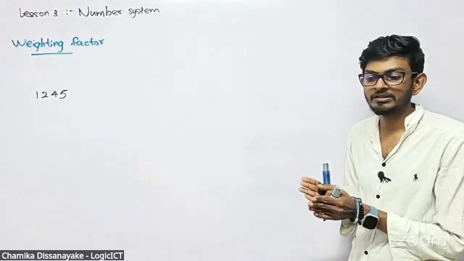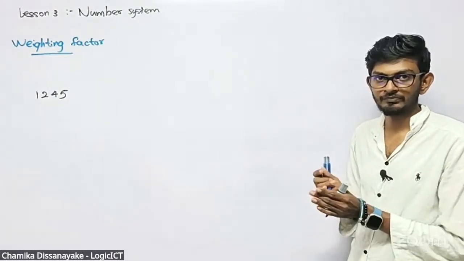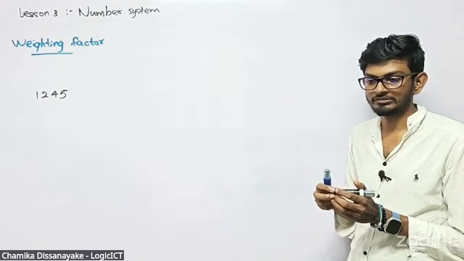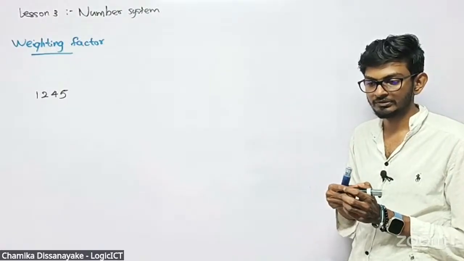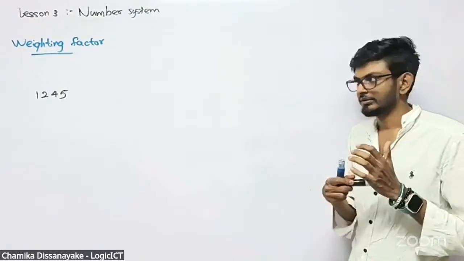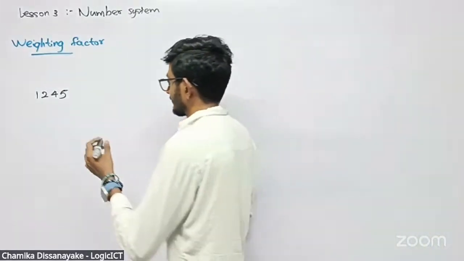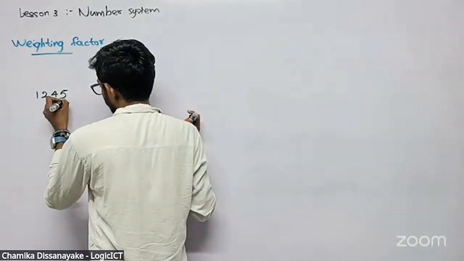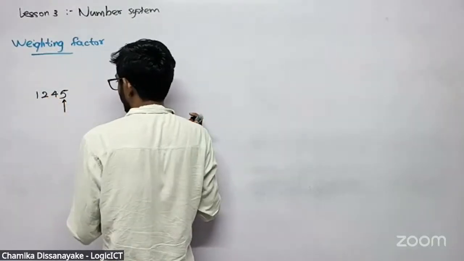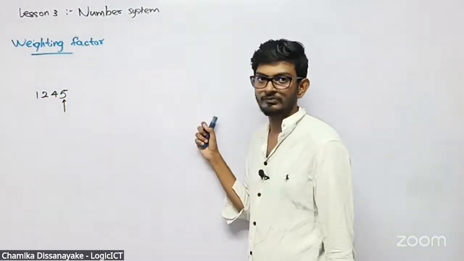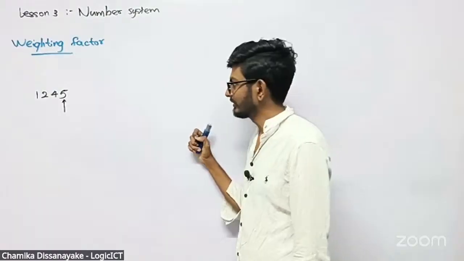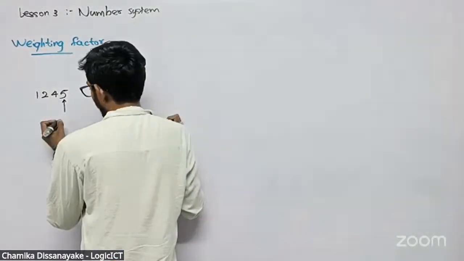If we take this number, the value 5 is made by what?